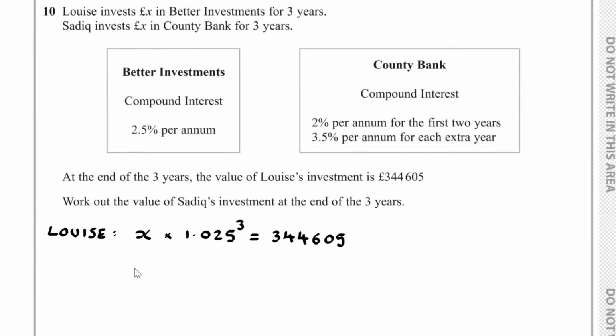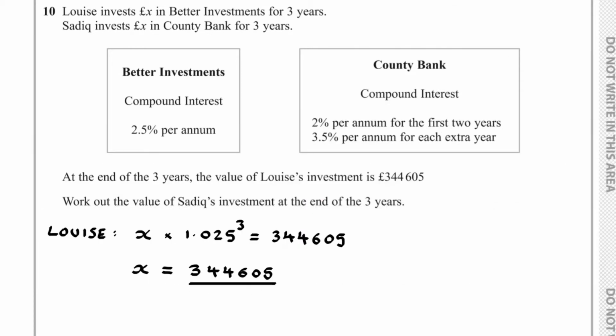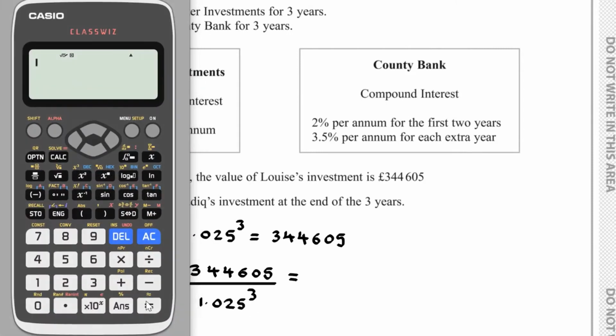And what we need to do is find out what X is. So X is equal to 344,605 divided by 1.025 cubed. So I've got 344605 divided by 1.025 to the power of 3. And it turns out then X is equal to £320,000.